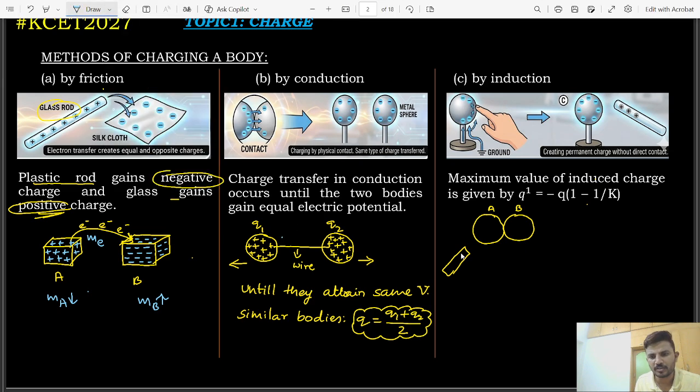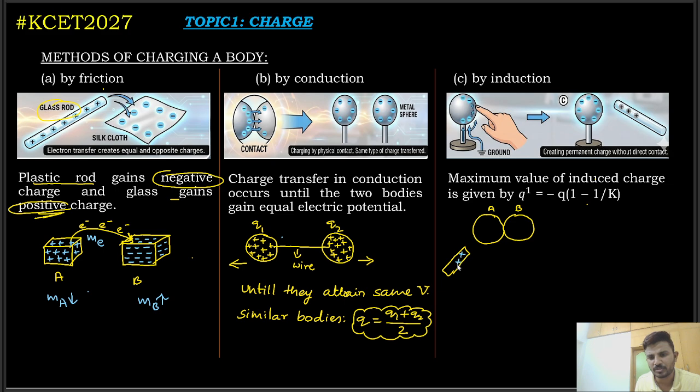So what happens here, if I bring a positively charged body, let's consider C, near A and B? Negatively charged particles get attracted towards C, and positive charges get repelled by C. So now A has got negative charge, B has got positive charge.